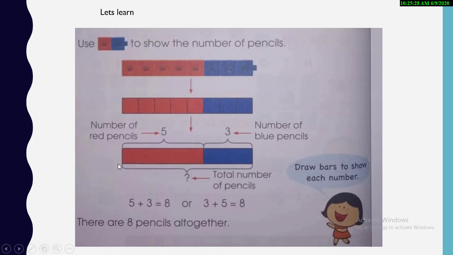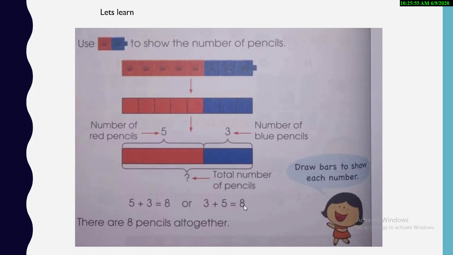So what we are going to do in this word problem, as I explained to you previously, we are going to add. So 3 plus 5, the answer is 8. In addition, you know that if we change the places of these two numbers, the answer will never change. So you can write it 3 plus 5 or 5 plus 3, but the answer should be the same.